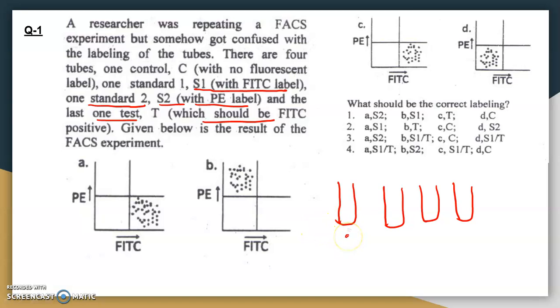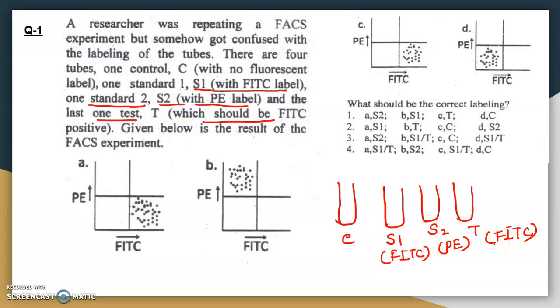One was written as control, the standard one, S1, is FITC positive, S2, standard 2, is PE positive, and the last one, the test T, should also be FITC positive.